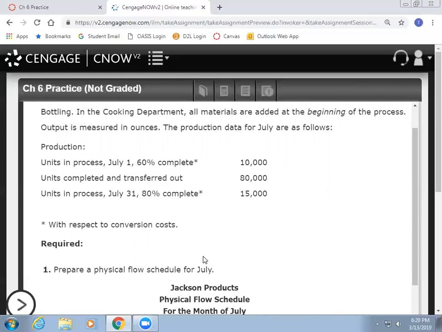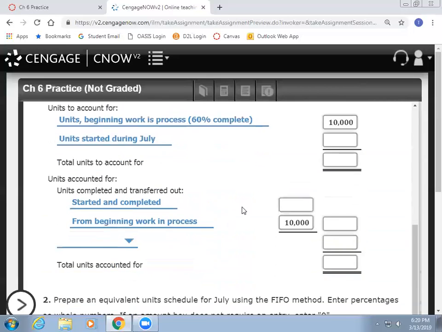With FIFO, they assume that anything that was in beginning gets completed in the period. So to figure out what was started, you take completed minus beginning work in process. That's why I work a little backwards on this one. So 70,000 units were started and completed. 80,000 were completed total, but 10,000 of those were from beginning work in process.